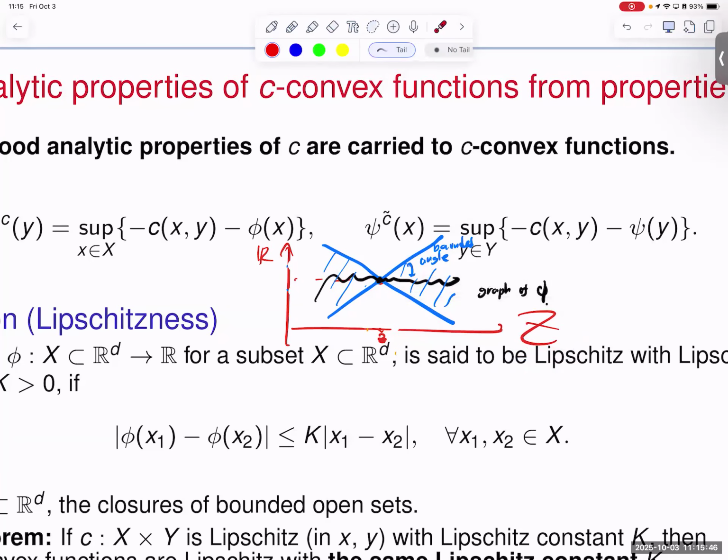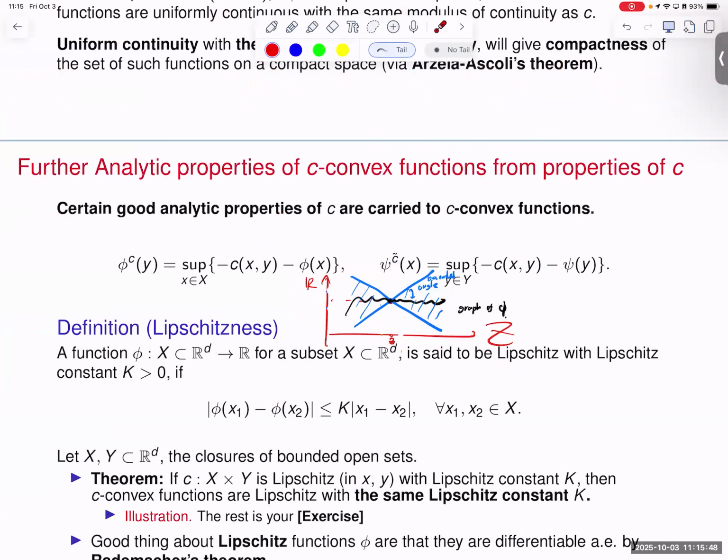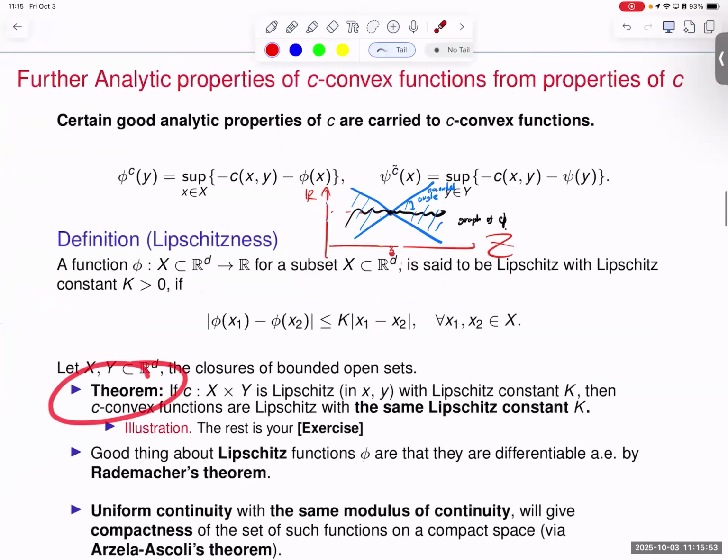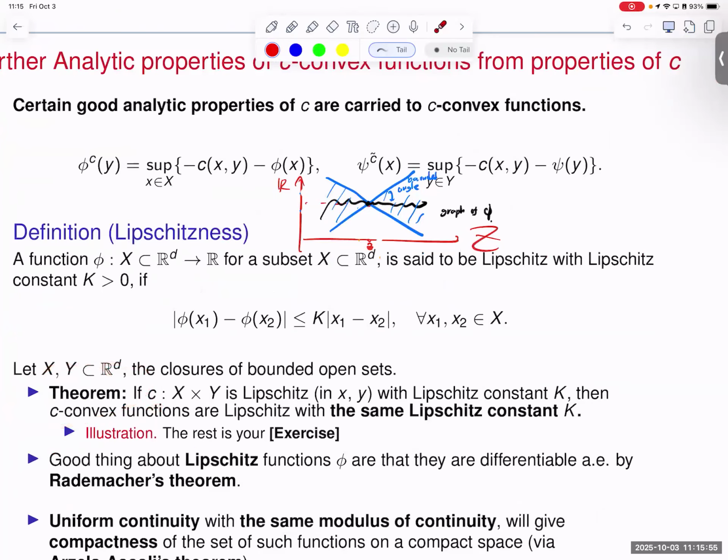So that is Lipschitzness. And the theorem says, if your cost function is Lipschitz, then the result of this C-Legendre transform is also Lipschitz with the same Lipschitz constant. That is a theorem.